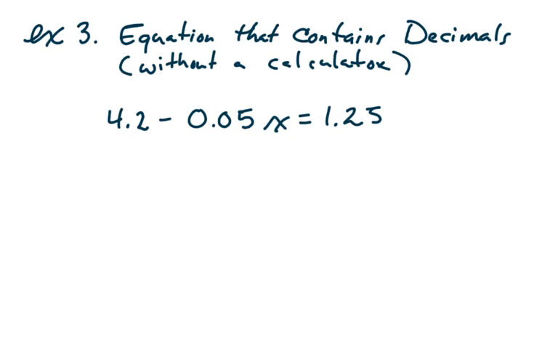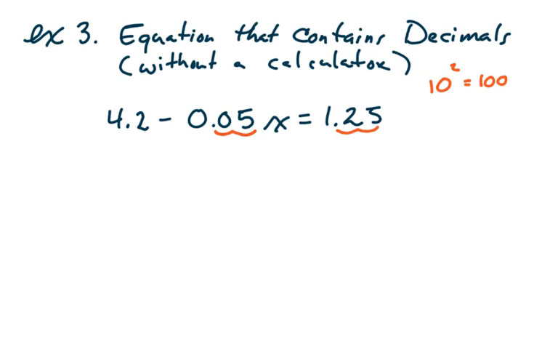So in this case, the number that I would like to multiply both sides by is going to be 100, which is 10 to the second power. 2 zeros there.